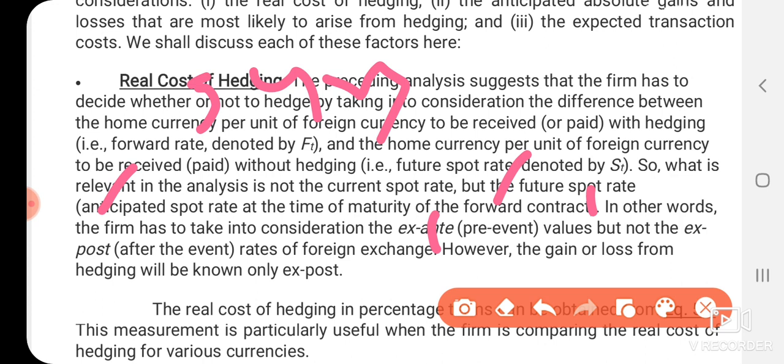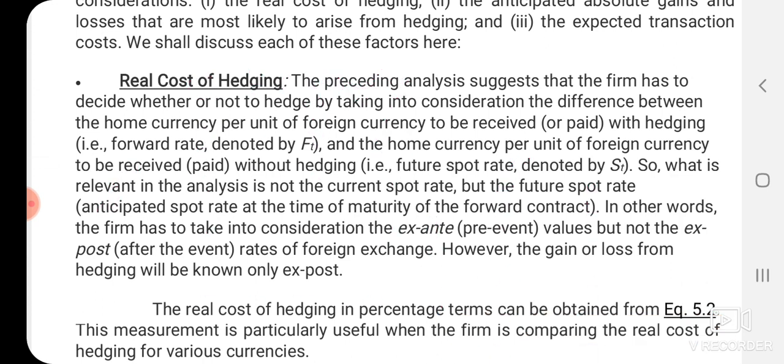But we don't know the profit or loss before settlement. That is what the preceding analysis is saying: the firm has to decide whether to hedge or not by taking into consideration the difference between home currency and foreign currency to be received or paid, whether it is cash inflows or cash outflows.